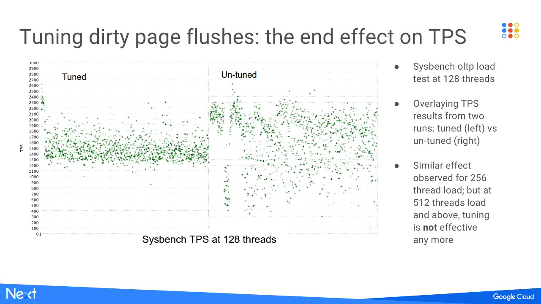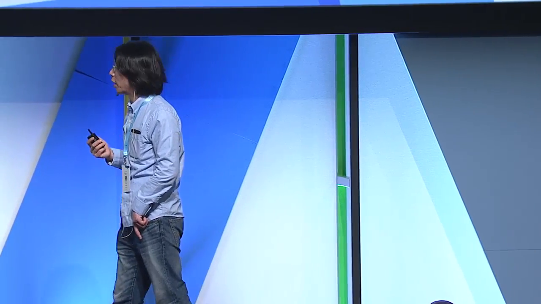After the tuning was applied, at least it gives you a pretty stable lower bound of 1200 to 1300. The upper bound still shoots up. You can still get better performance, but the key point here is it has a predictable and reliable lower bound of performance. Now, with that, I'm going to turn the mic back to Brett to talk about next steps.